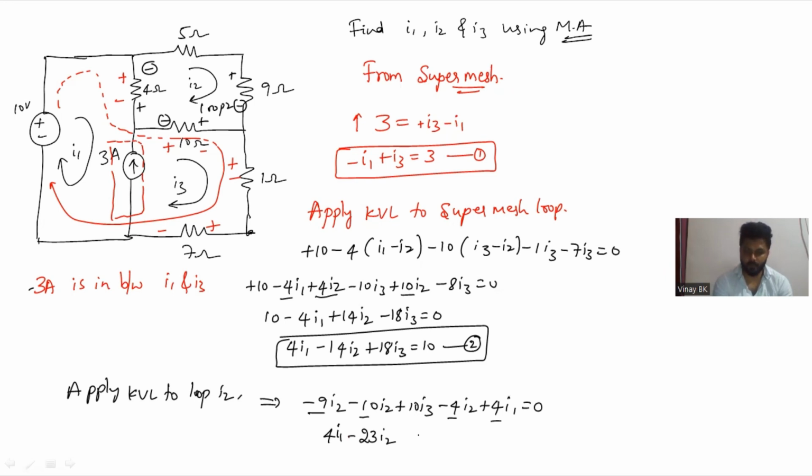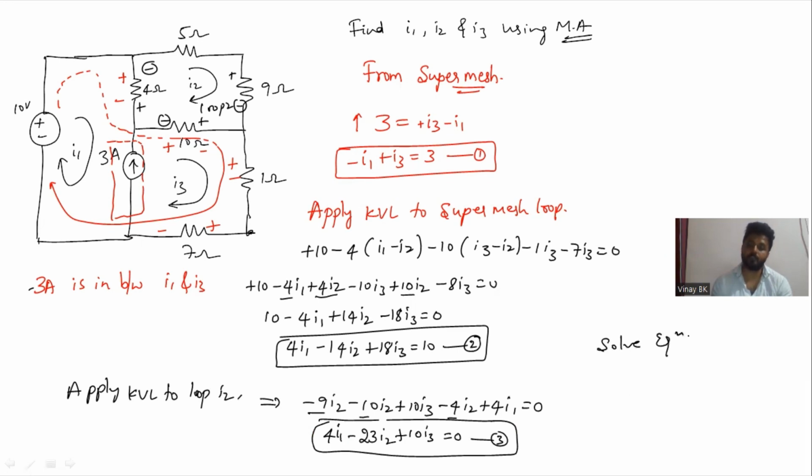Next I3: only one I3 is there, that is plus 10 I3 equals 0. This is equation number 3. Now we have equations 1, 2, 3. Using the calculator, solve equations 1, 2 and 3.